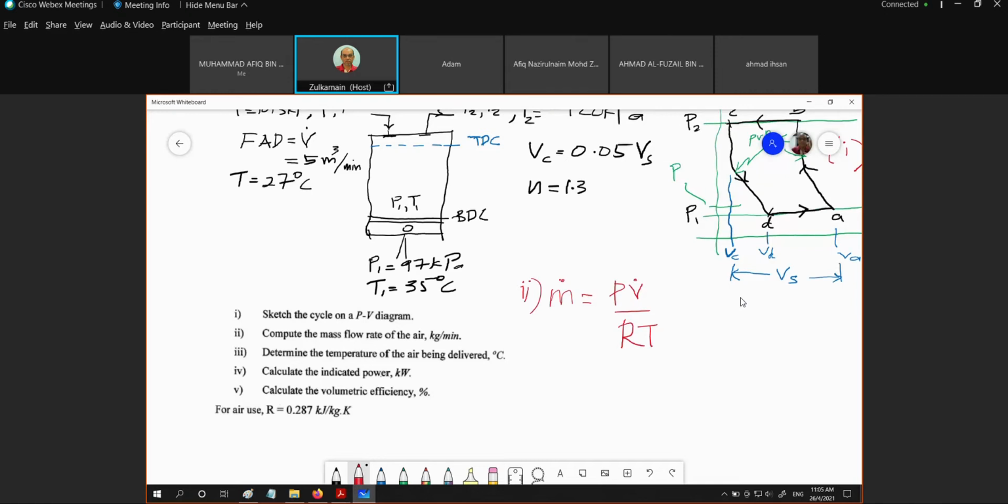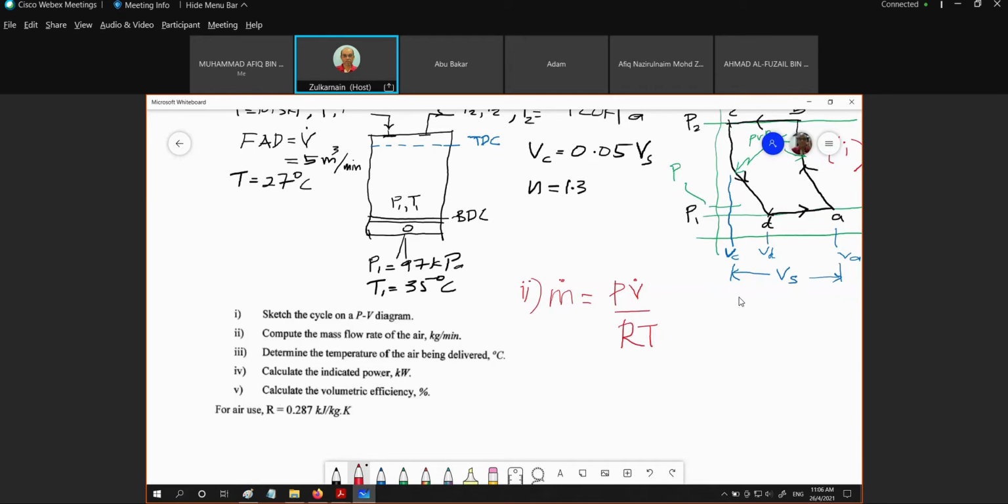The only state where we have the volumetric flow rate is at the free air condition, P and T, so we are going to use this condition P and T. We could also use P1 and T1 if we knew VA dot minus VD dot, but right now we don't have any data saying how much the inducted air is in terms of VA minus VD dot.